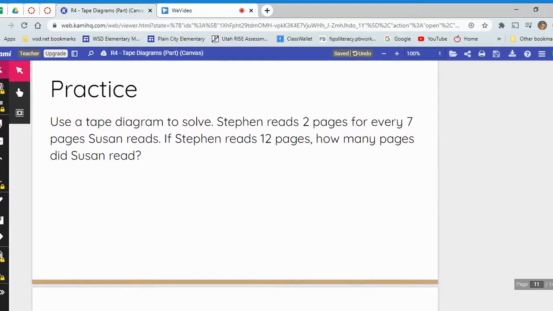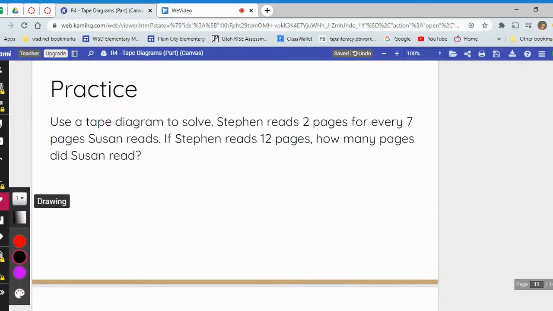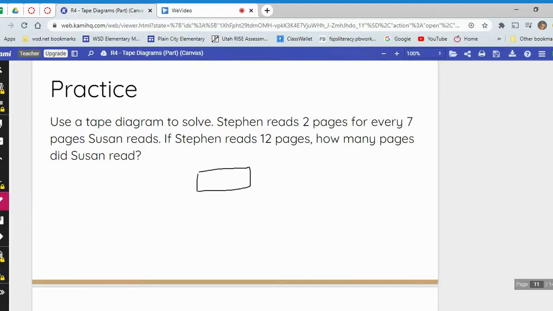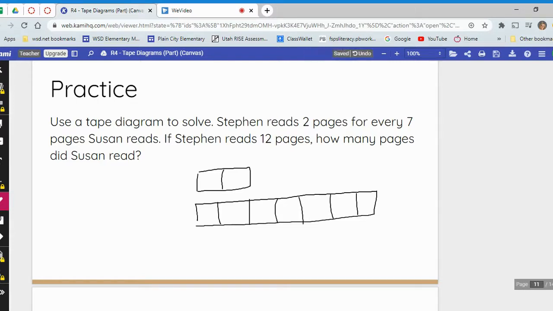Okay, Stephen reads 2 pages for every 7 pages Susan reads. So we have a 2 to 7 ratio. And the 2 is Stephen, and the 7 is Susan.